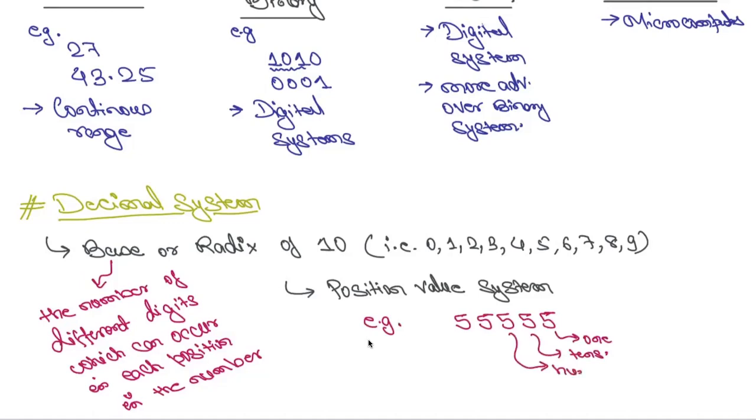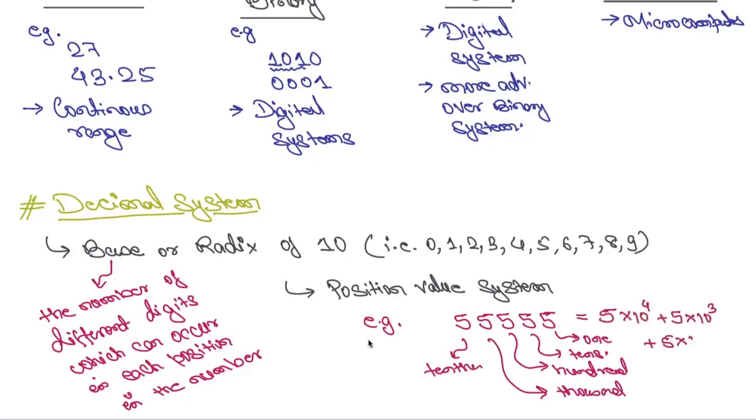It is at 1000, and it is at 10,000, right? We can also write it as 5 into 10 to the power 4 plus 5 into 10 power 3 plus 5 into 10 to power 2 plus 5 into 10 power 1.